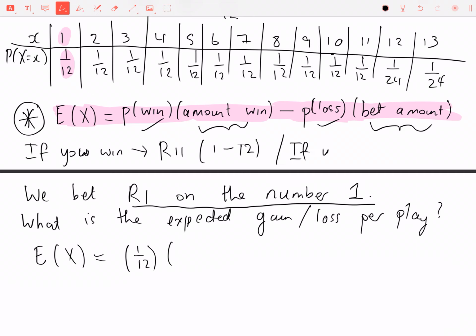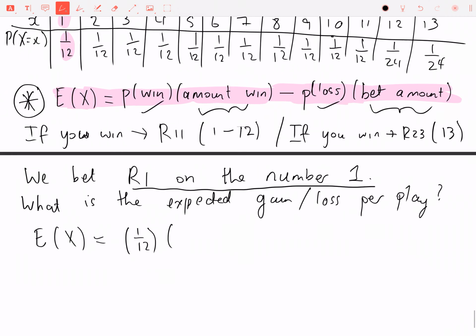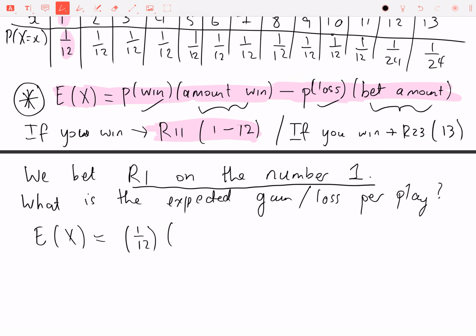It also says if you win for the bonus green case, you get 23 rand because it pays odds 23 to 1. So that's for the number 13. We're actually interested just in the numbers between 1 and 12. We're picking the number 1. So you could win 11 rand, but that's not how much you actually gain because you've already bet that 1 rand. So if you do win 11 rand back, you've actually only gained 10 rand.